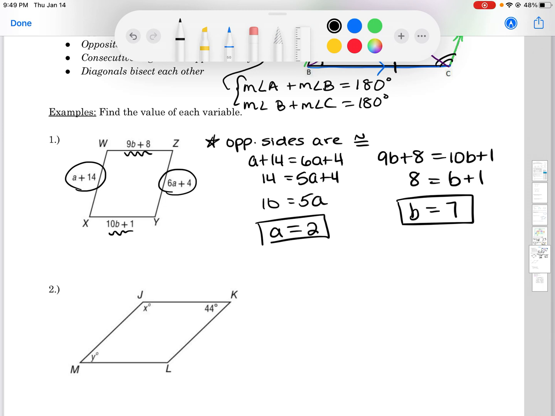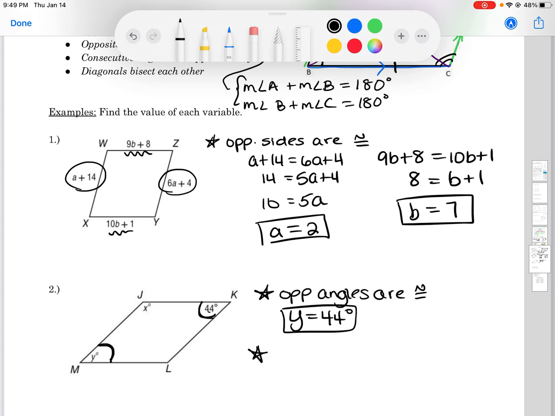For this next one, we're talking about angles. So I know 2 things about our angles. I know that opposite angles are congruent. So that means that the angle that's measuring y degrees and the angle that's measuring 44 degrees are going to be equal to each other. So y equals 44.